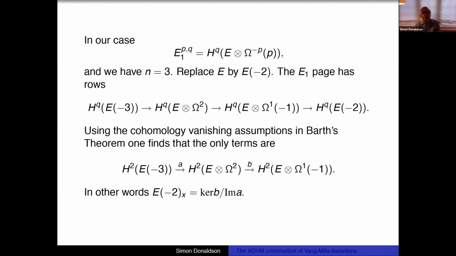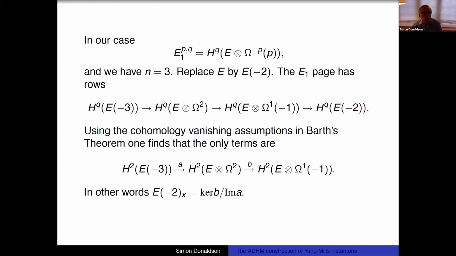Let's look at our case. Our spectral sequence begins with this chessboard of vector spaces, the cohomology H^q of E tensor these twisted exterior powers of the cotangent bundles. N is 3. It's convenient to replace E by the twist, E(-2).